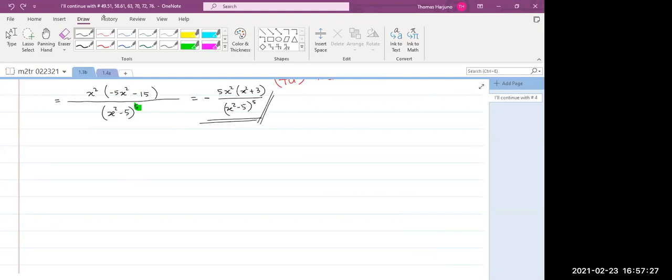Okay, let me do the last one from here. I have only the last one from here, number 90. Let's deal with negative exponent with rational exponent.